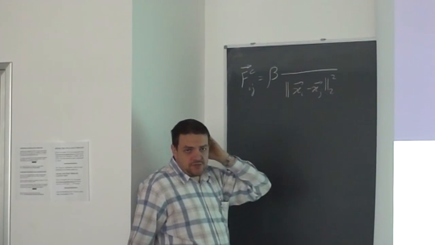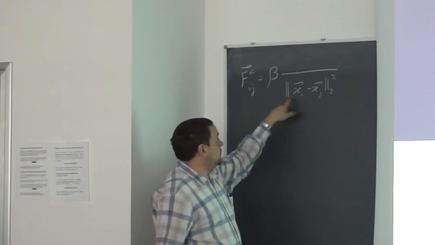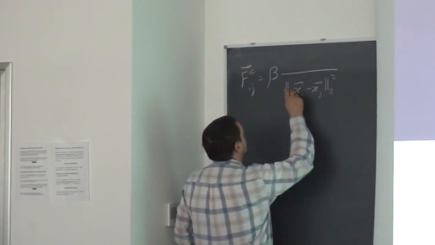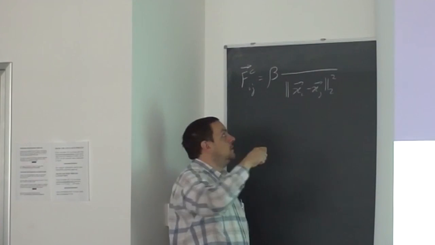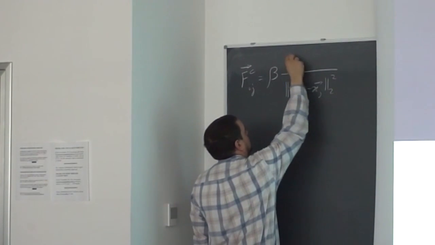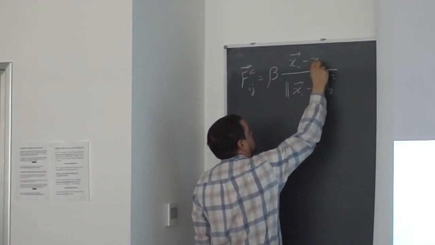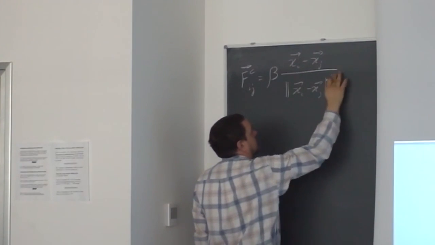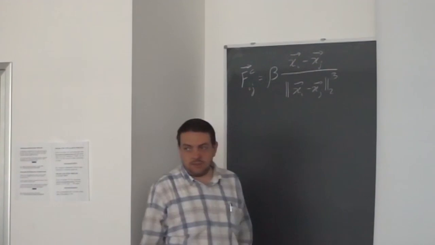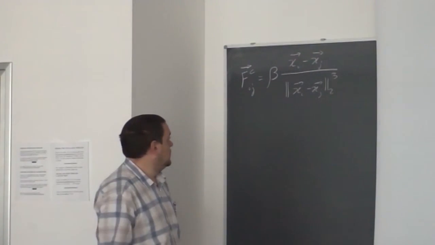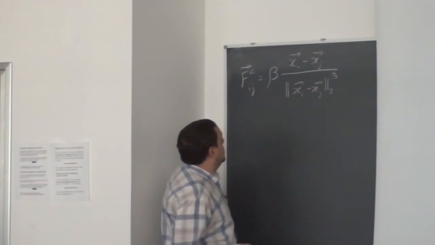To get the direction, we take the unit vector in the same direction. So it's again xi minus xj, and we divide one more time by the size of the vector, of the difference.